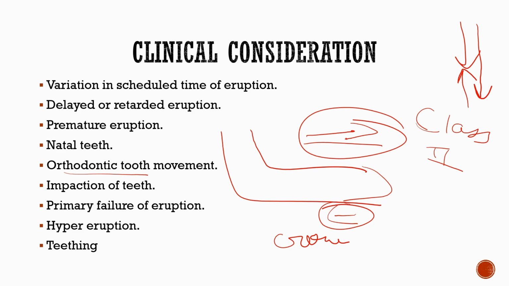Teething. It means the breaking out of the tooth through the oral epithelium is often associated with an acute inflammatory response in the connective tissue adjacent to the erupting tooth. The child will manifest symptoms of inflammation such as pain, mild fever, and general malaise, which are popularly called teething.